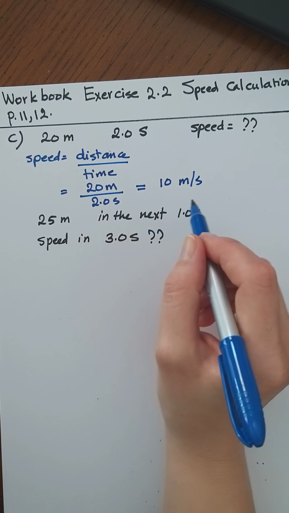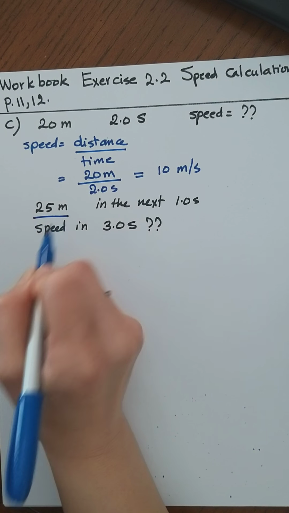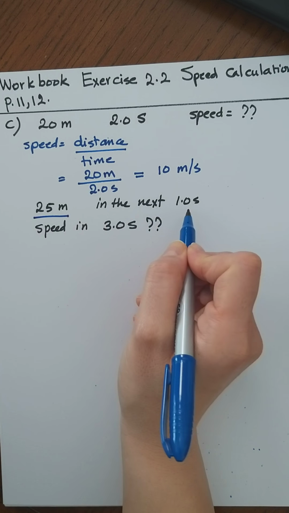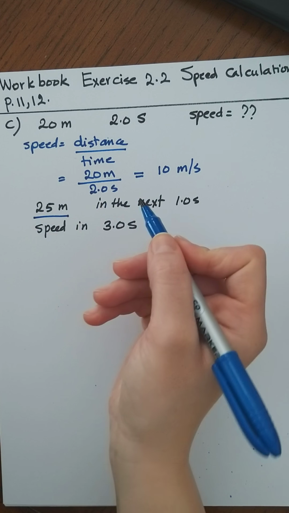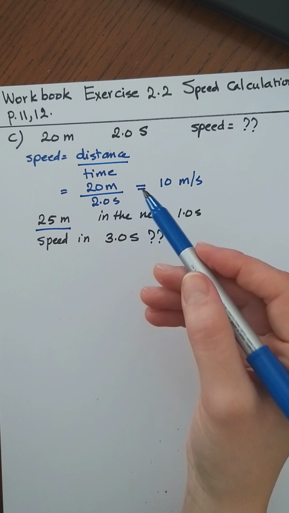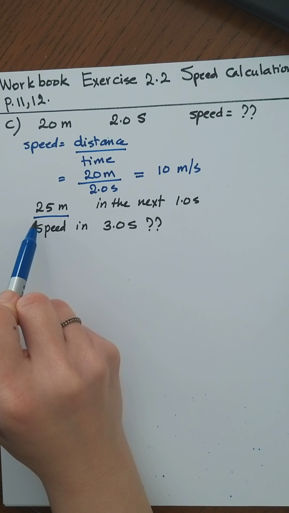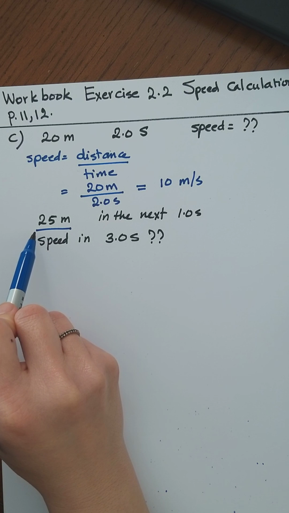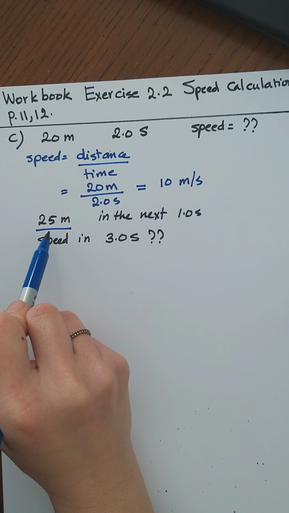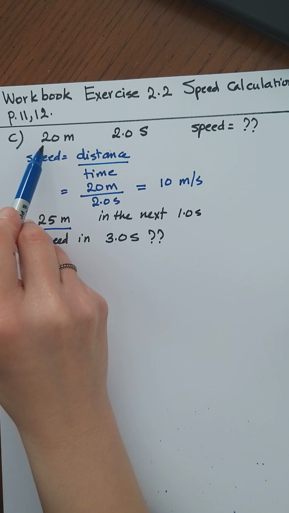Now the second part of C says that the stone falls a further 25 meters in the next 1 second. So the next second after the 2 seconds, it fell another 25 meters. Here notice that the distance has increased a lot compared to the time. Here in 2 seconds, it traveled 20 meters.